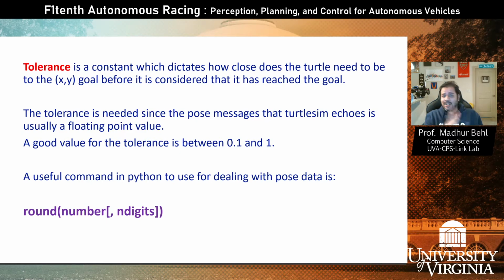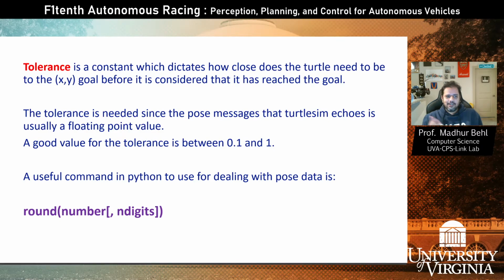It's not exactly 1 comma 1, but it's around the goal, and that's what tolerance is asking you. Clearly, if your tolerance is too large, you have more slack, but you cannot make the tolerance super large either. A good value of the tolerance is between 0.1 and 1, and that's what we expect to see when you run your code. So don't use a value of tolerance which is greater than 1.